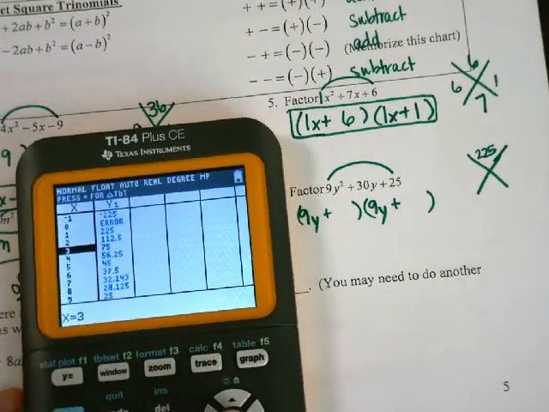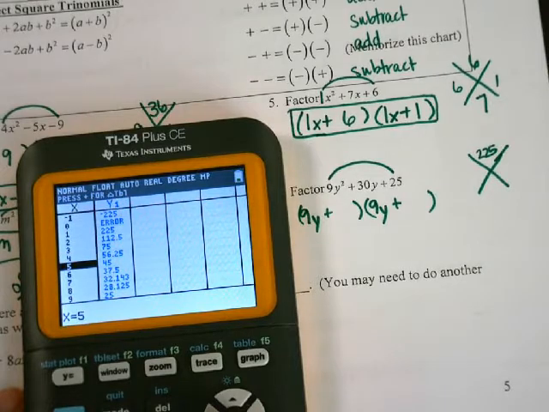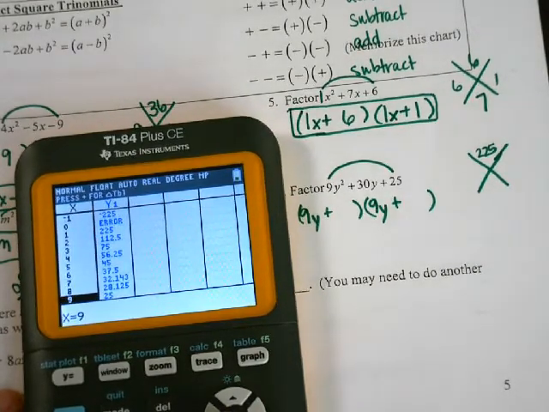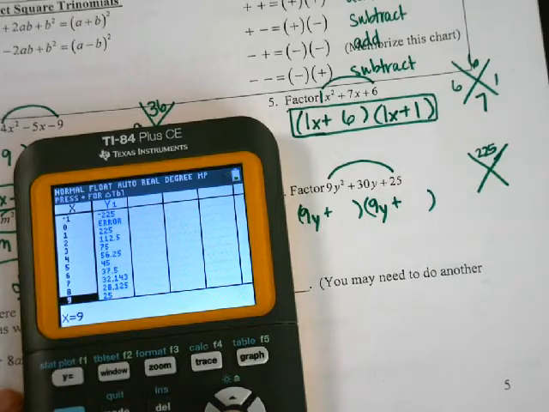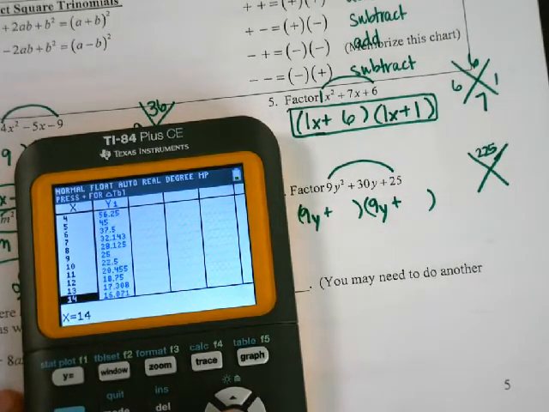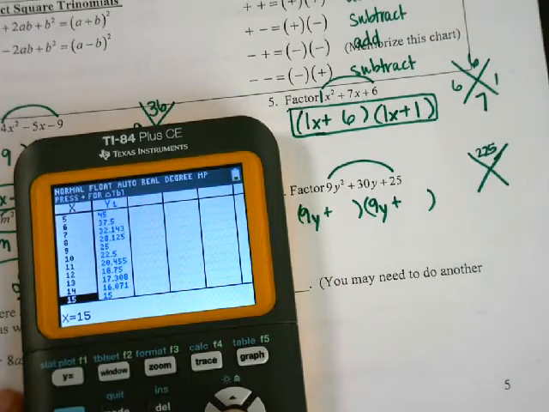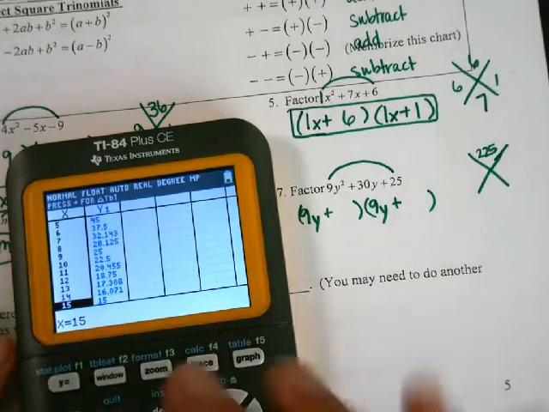Three and 75. 5 and 45. 9 and 25. Well, that's closer. We're at 34. We just want to get to 30. 15 and 15.